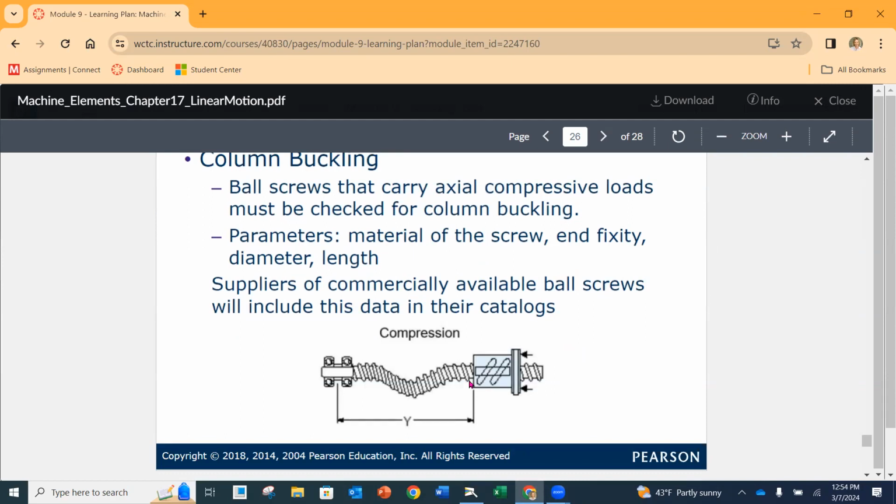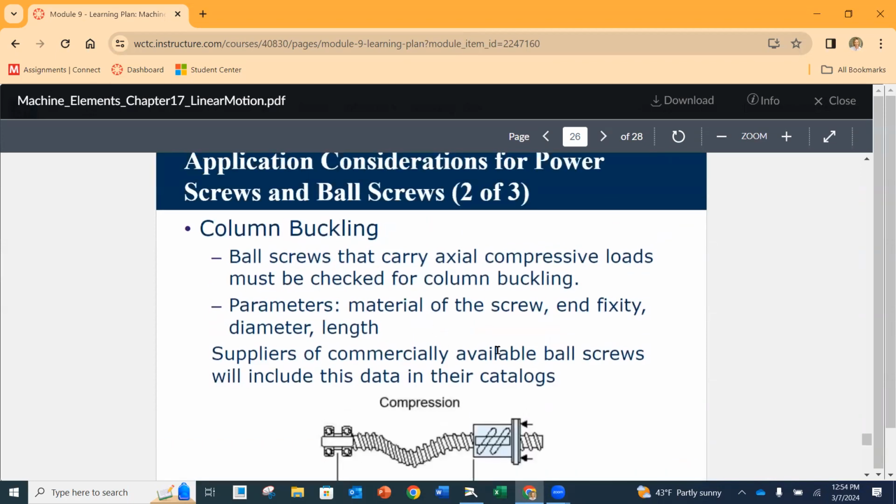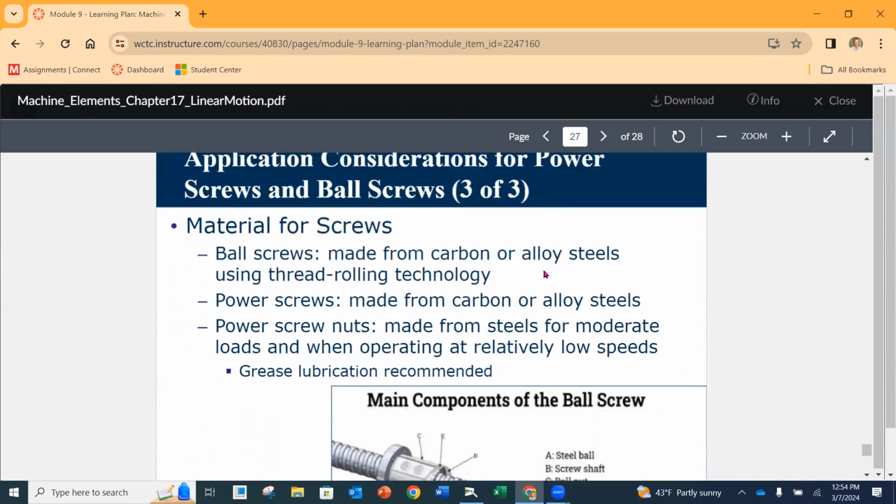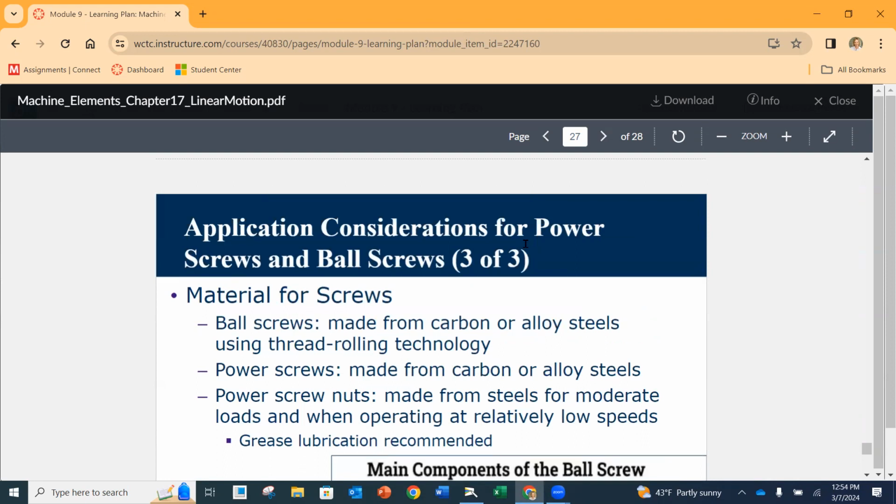So you have to know where that is a concern, and that has to do with your end conditions and how they're attached, and whether there are any supports. So calculating for buckling is going to be another issue that may come up. They mention that at the very end, not included in the calculations you do for the problems, but it's something you have to be aware of as well.